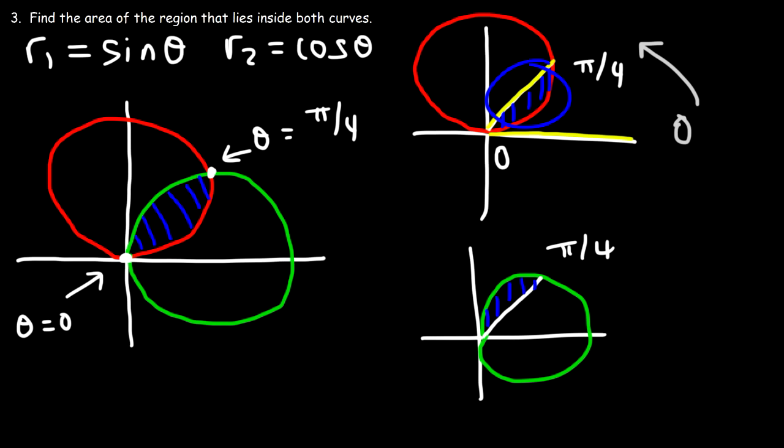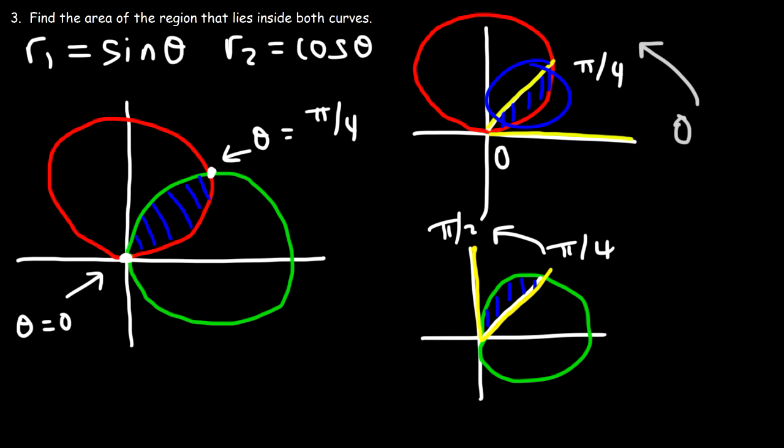Now, what are the angles that we're dealing with for this graph? It's not 0. We're not going to go from 0 to pi over 4. Notice that this portion extends to pi over 4, but we're not going to use 0 because if we did, we would get this shaded region, which we don't want. Rather, we need to use pi over 2. So from pi over 4 to pi over 2, that will give us this shaded region.